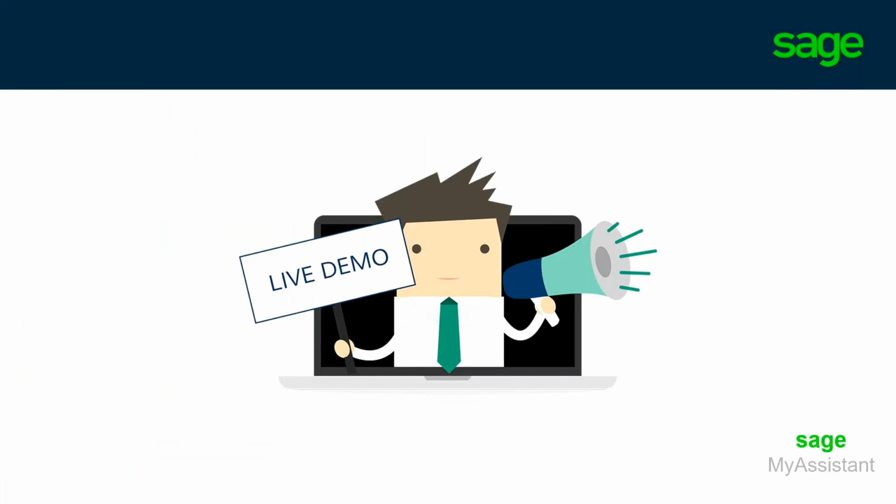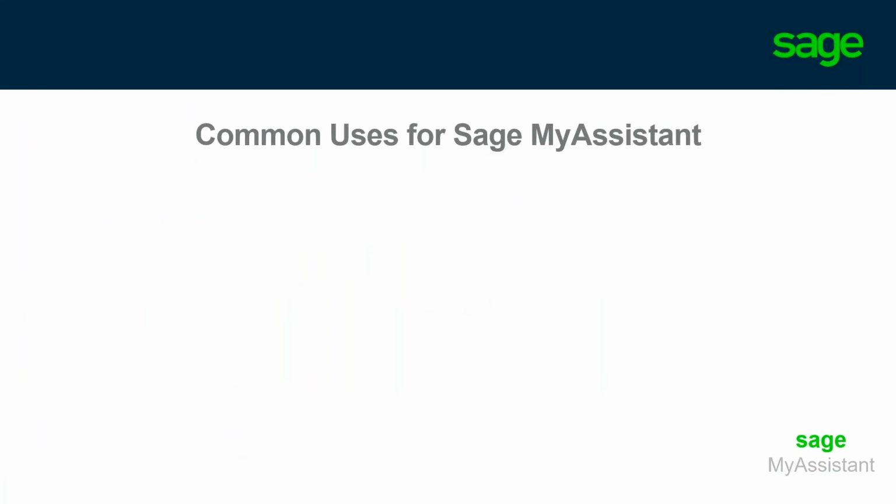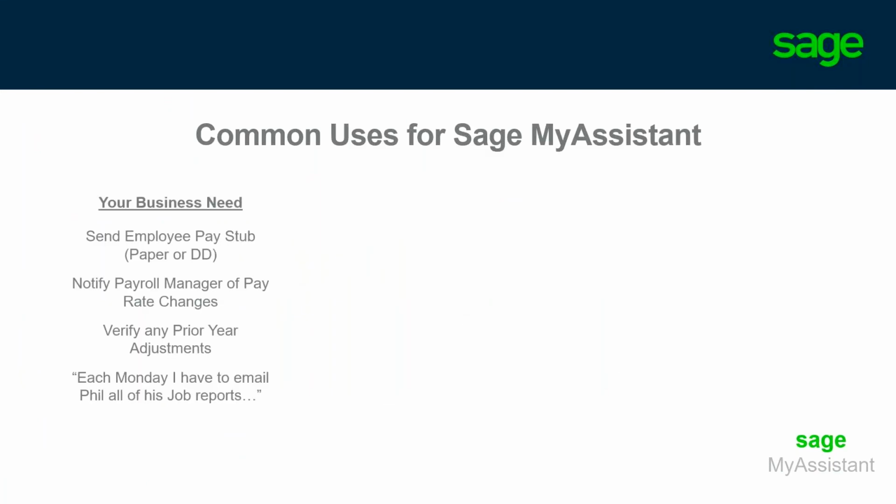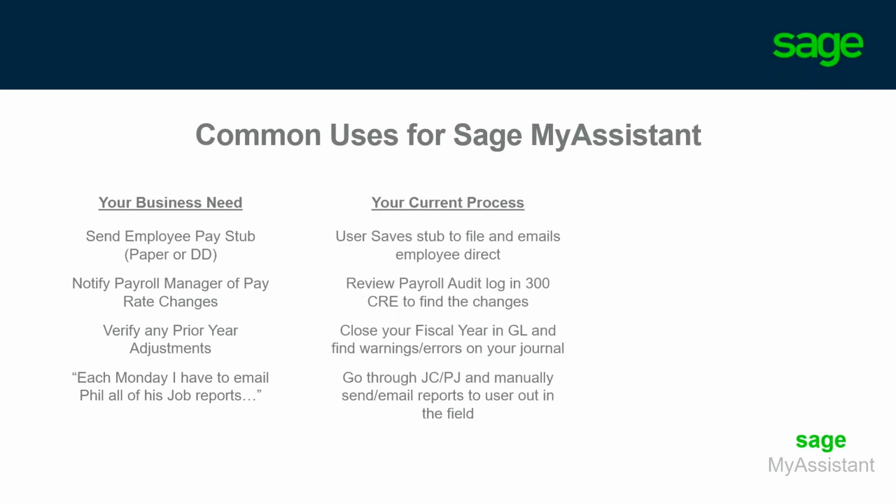And so jumping back into the slide deck, I wanted to share some more common uses for the My Assistant application. You'll start to think about your business need. If we go with that example on the bottom there, each Monday, I email Phil all of his job reports. I have to go into Sage and manually generate the reports, put them in an email, and then send them to Phil each Monday.